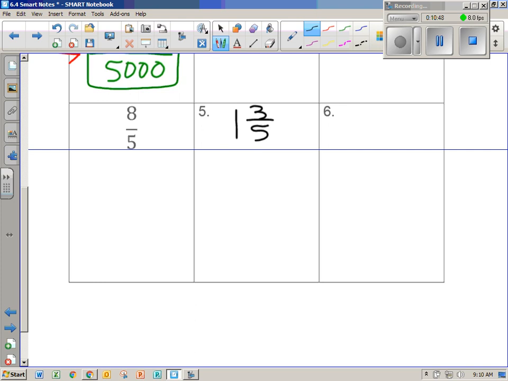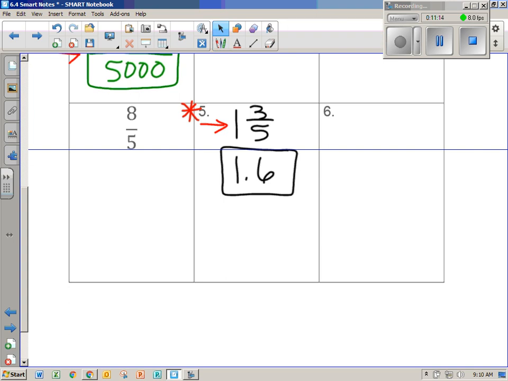And 3/5 is one of your decimal conversions that you're supposed to know. 1/5 is 0.2, 2/5 is 0.4, 3/5 is 0.6, so this is just 1.6. This is one where a little support is needed. I would need to see this before you jumped to 1.6.